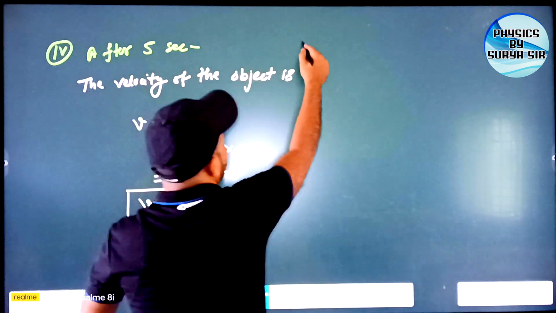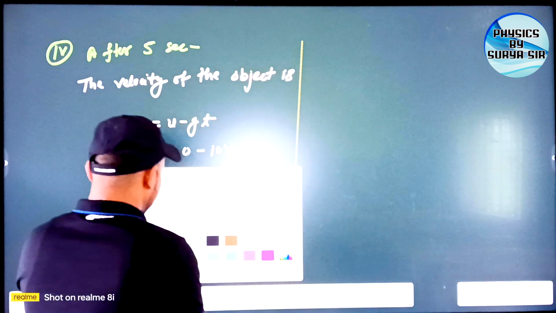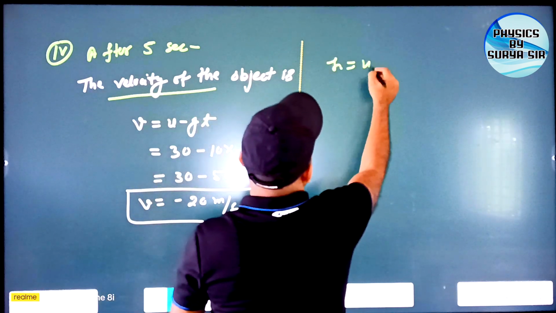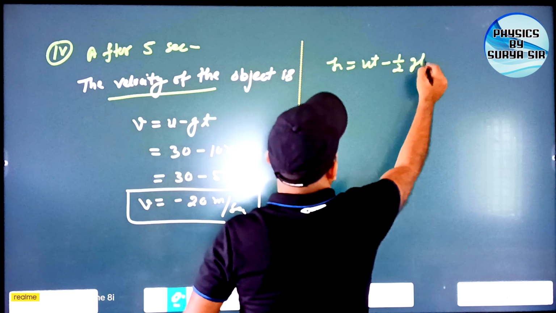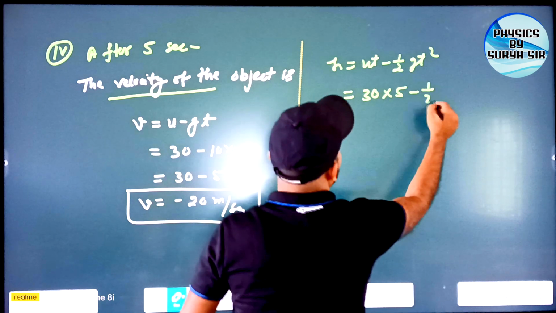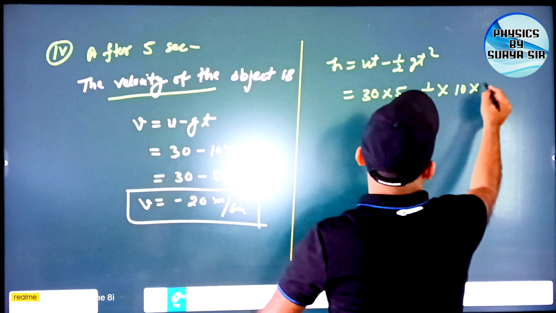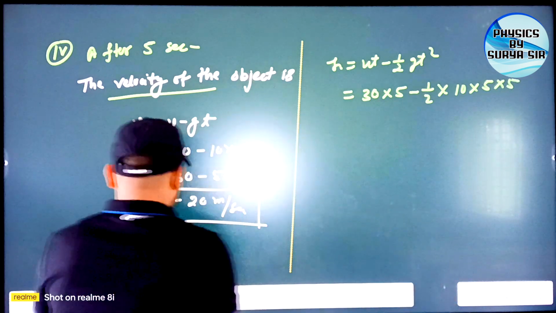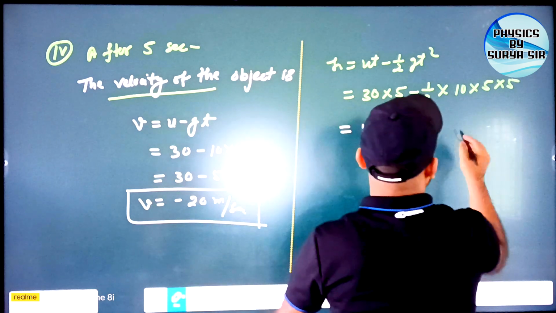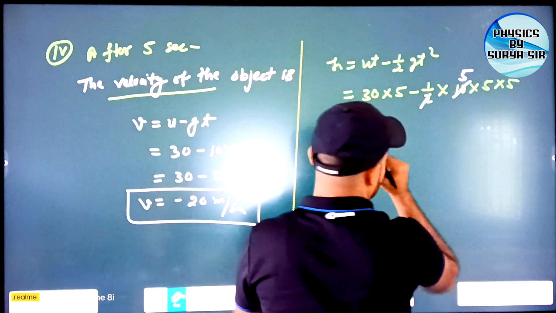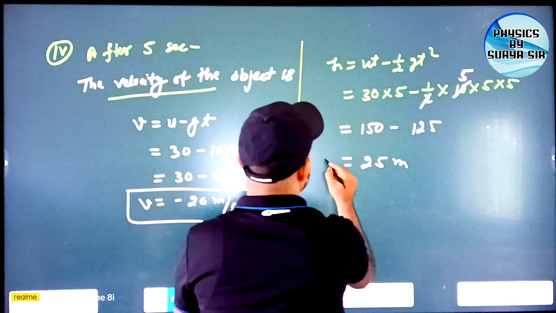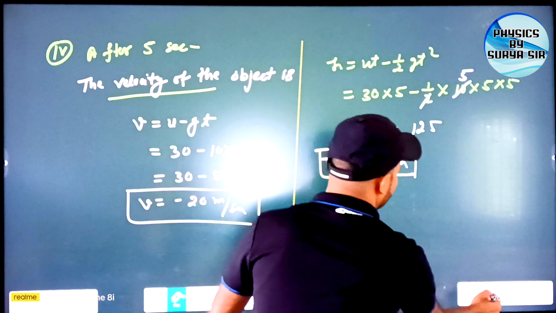Now what is the height at the earth surface? What is the displacement after 5 seconds? Then h is equal to ut minus half gt square. So h is 30 into t minus half g t square, 10 into 5 into 5. Its value is 150 minus 125, which means 25 meter. It will be 25 meter above.